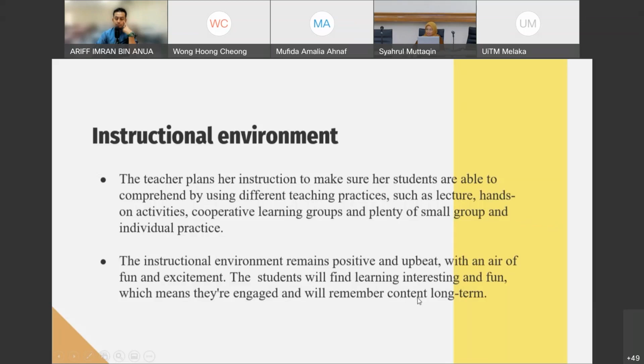Yeah, how fun will it be, right? As a teacher, you will feel really happy and excited when your students remember the content long term until you have the assessment, so that you will be really successful with the teaching and learning process.